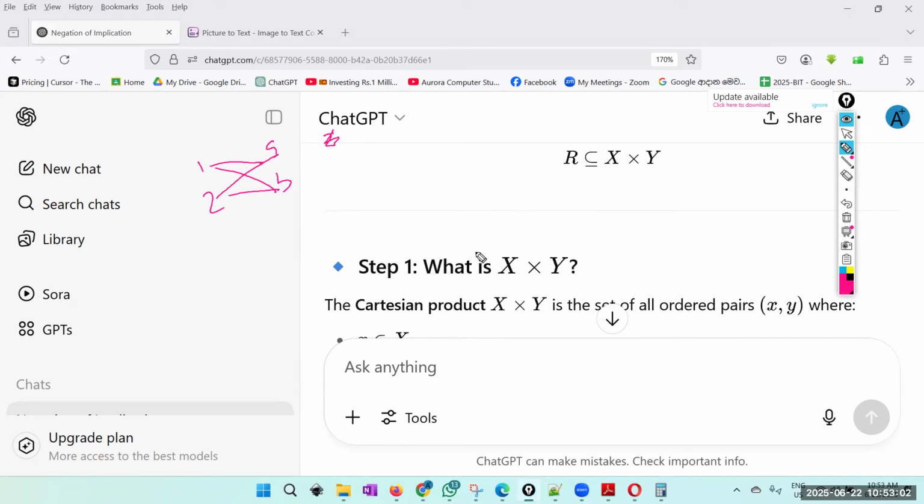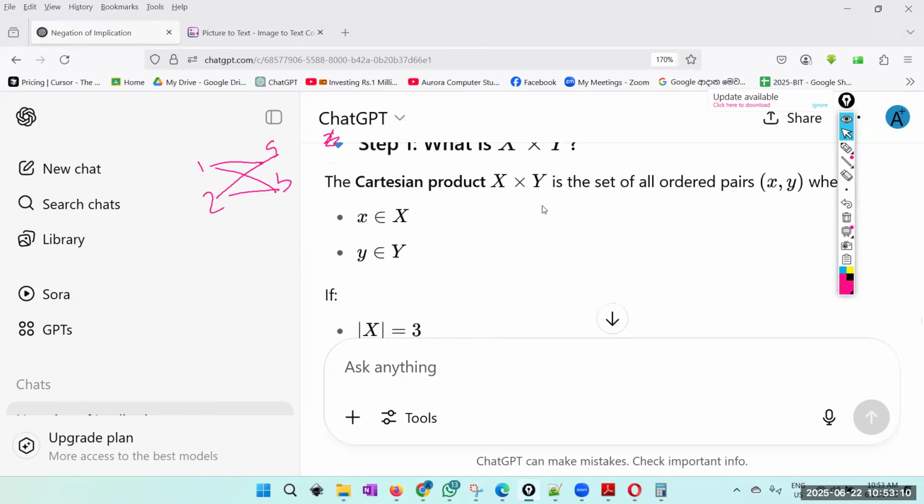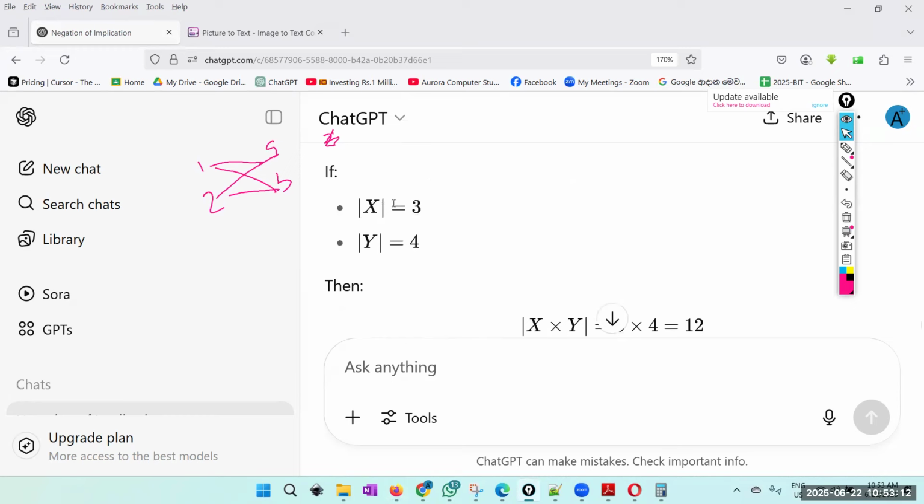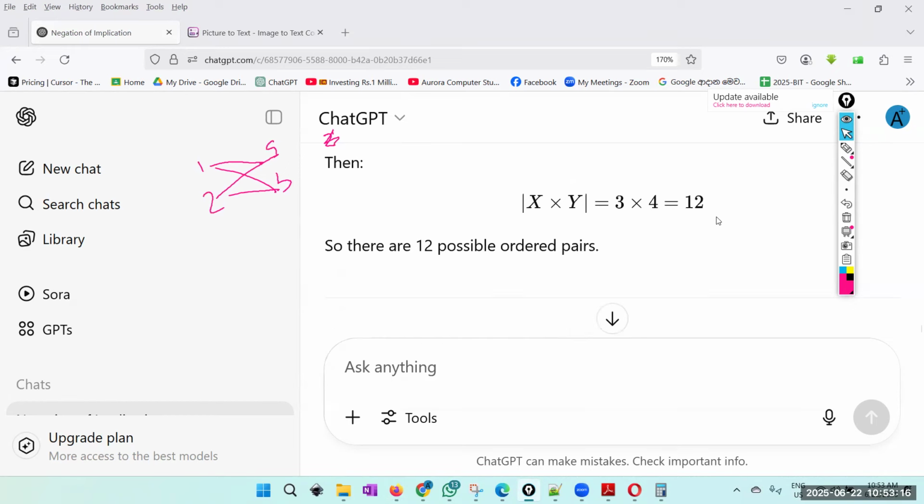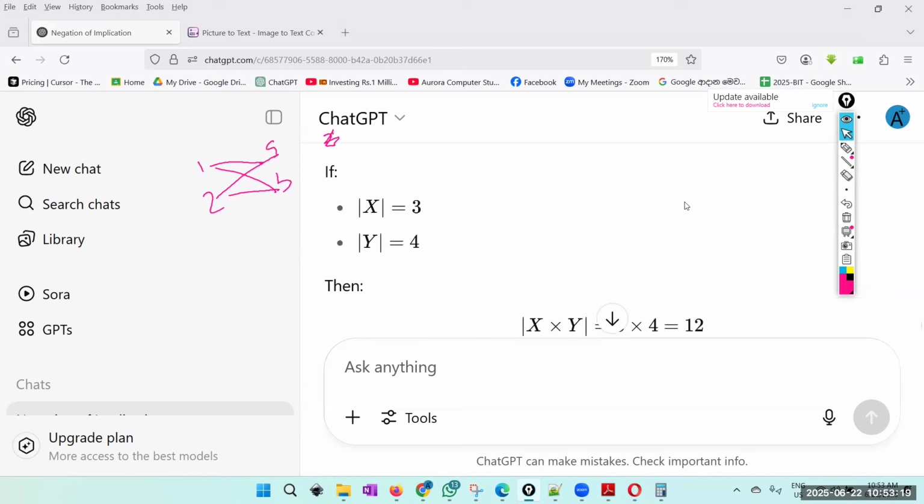Basically, all possibilities are the Cartesian product. So this has 3, this has 4, so the Cartesian product has 12 ordered pairs, because first one to the fourth, second one to the fourth, 4 into 3, 12.